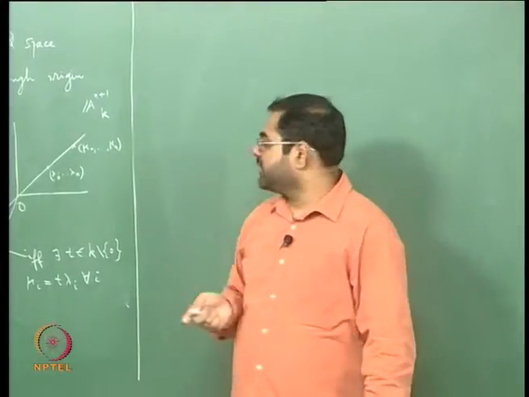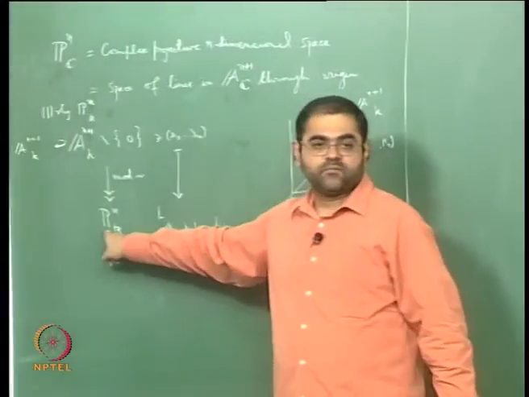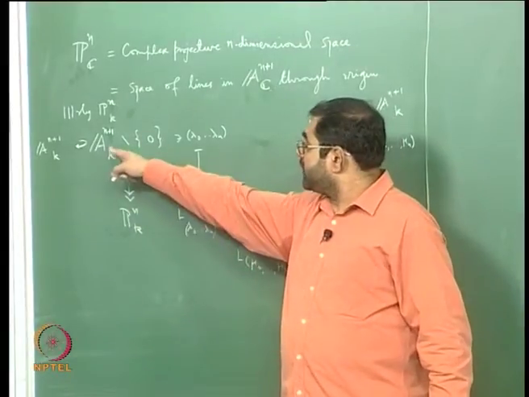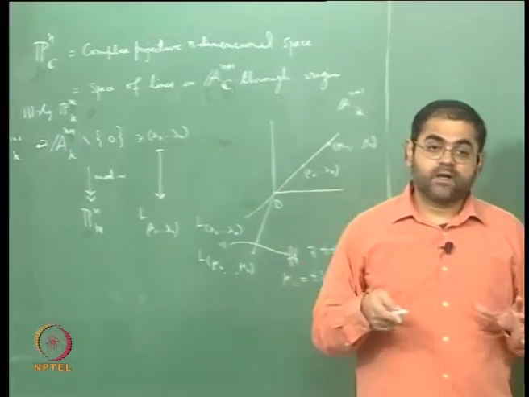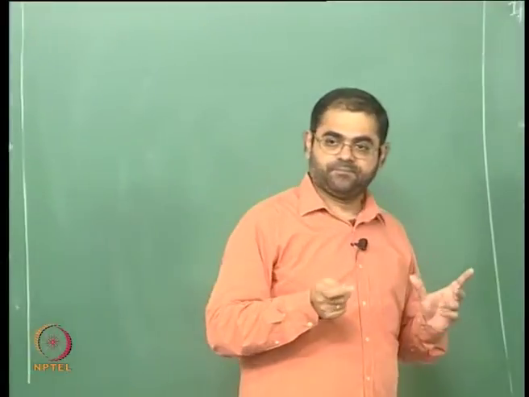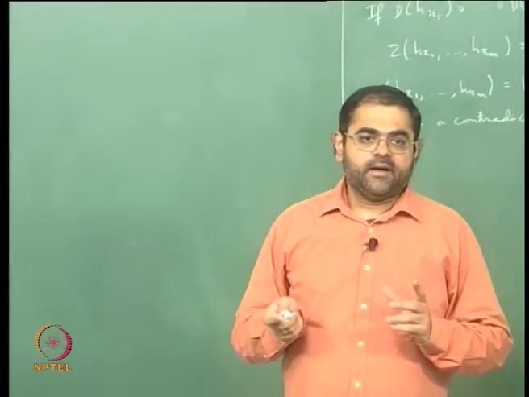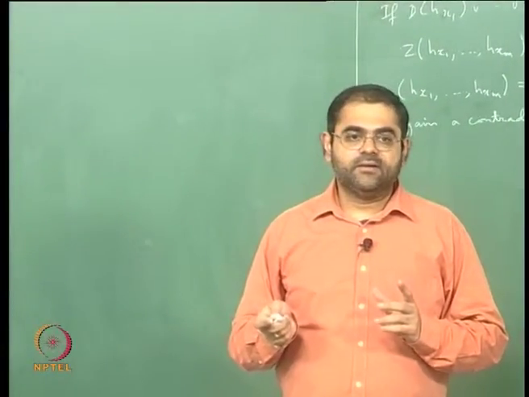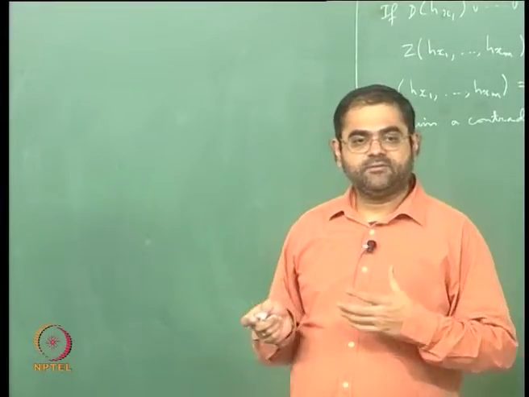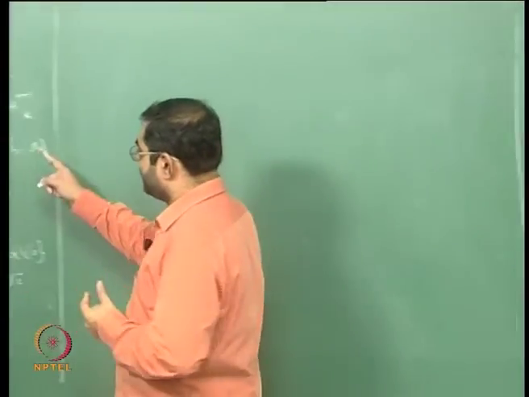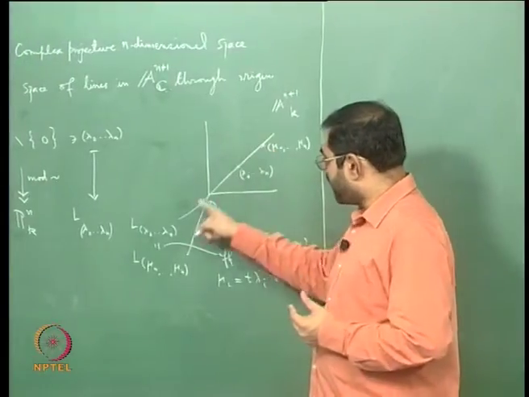Now what we are going to do is imitate the same thing here. We are going to look at common zero loci of a bunch of homogeneous polynomials, okay. And then it will make sense.